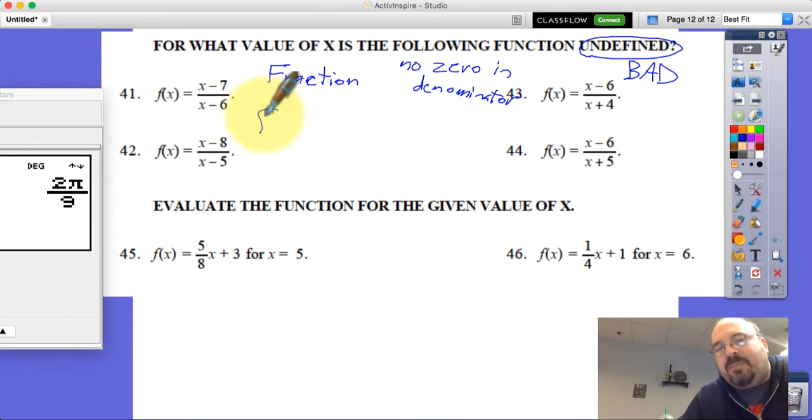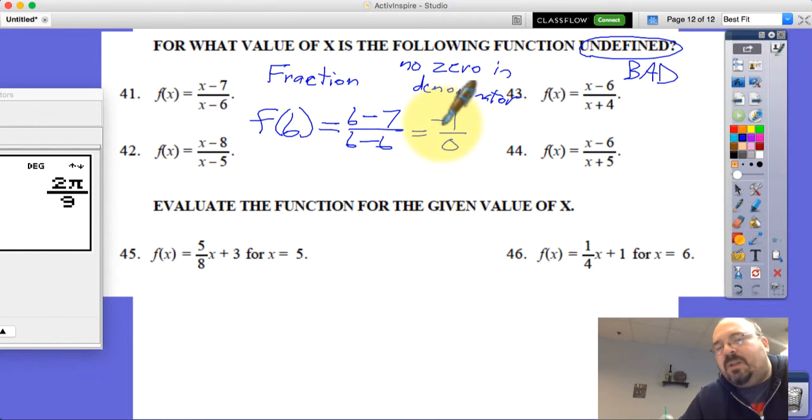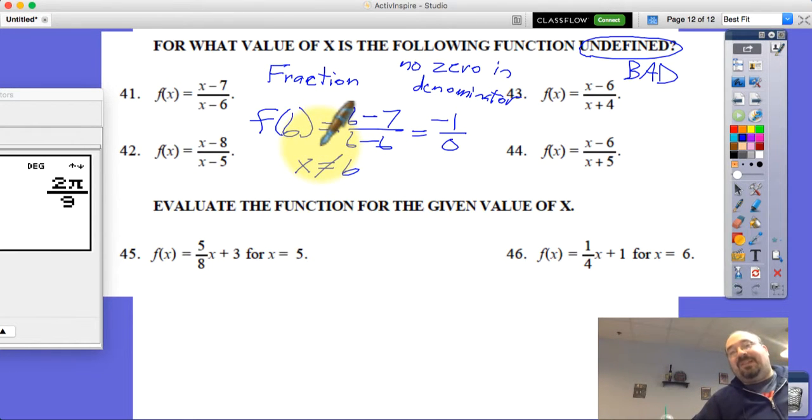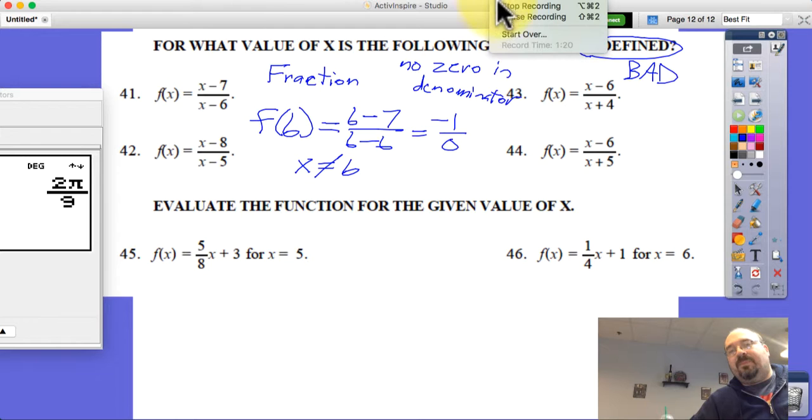Well, basically, 6 would be bad, because if you look at f of 6, 6 minus 7 over 6 minus 6, on the top I get negative 1, on the bottom 6 minus 6 is 0. You should never divide by 0, so this function is undefined when x equals 6, so that's bad. So I put a line through that, say x should not equal 6, okay? And that's basically all you do.